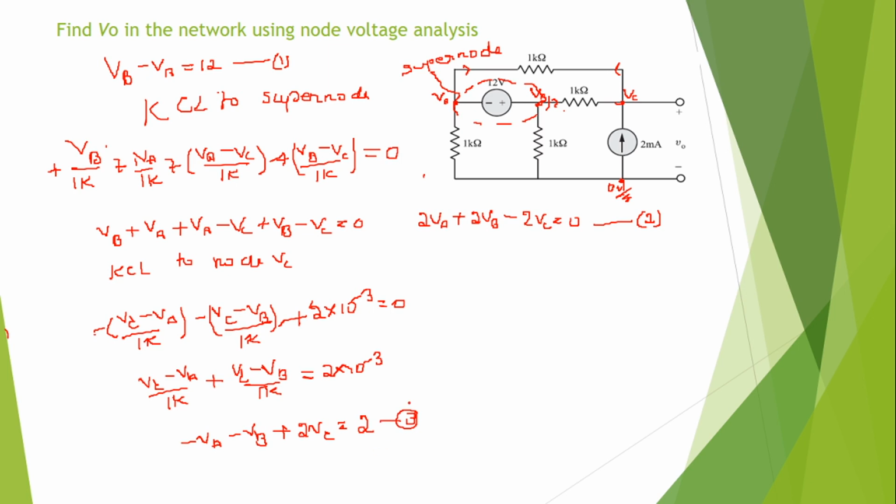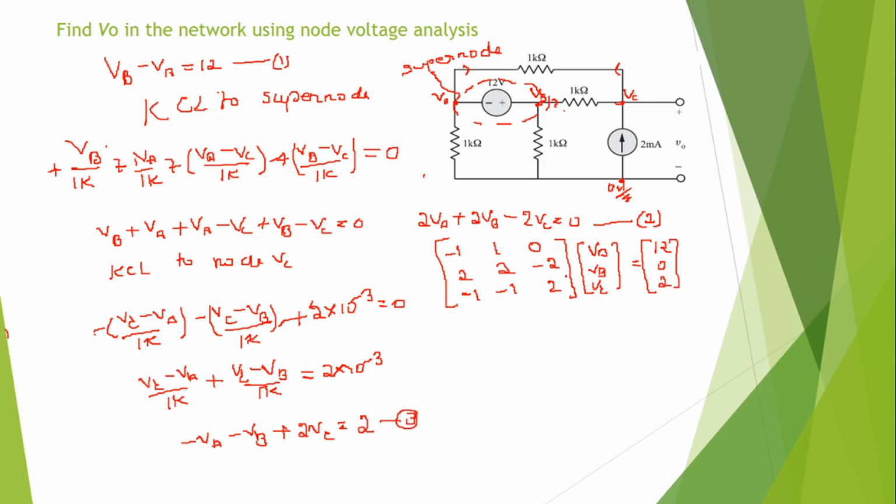So I can put this in matrix form, that is: minus 1, 1, 0; 2, 2, minus 2; and minus 1, minus 1, 2, into VA, VB, VC, equal to the right side coefficients 12, 0 and 2.